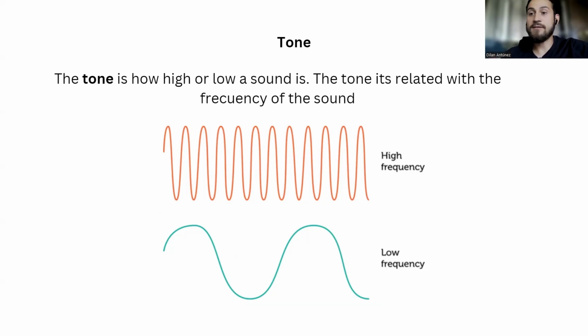Just like I said, a high frequency means that the sound is high, and a low frequency means that the sound will be low. For example, so you can understand, a high frequency will sound like this, and a low frequency will sound like this. Yeah, that is the difference.